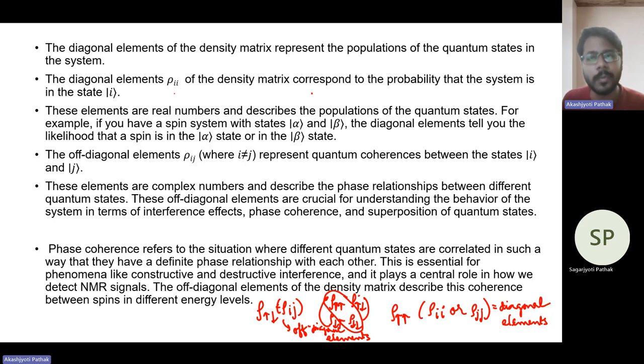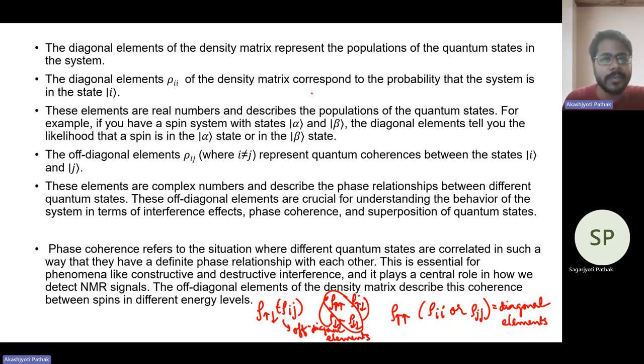It gives us the probability that the system exists in the state I. Now these elements, rho II, are real numbers and describe the populations of the quantum state. So what is the population of the nuclei that is existing in this alpha state, or rho II state, if you consider this as I.